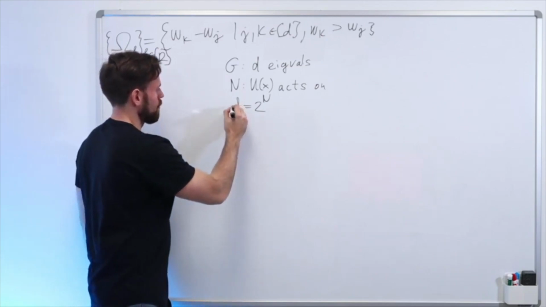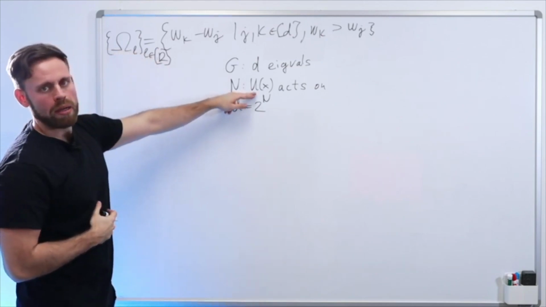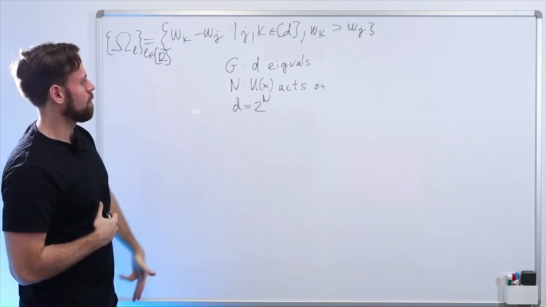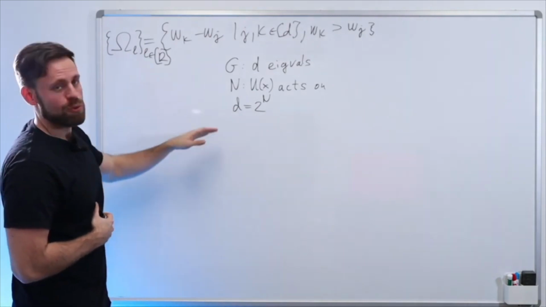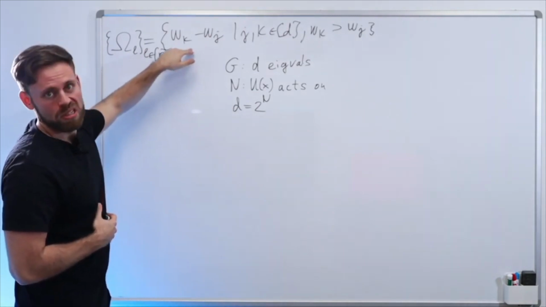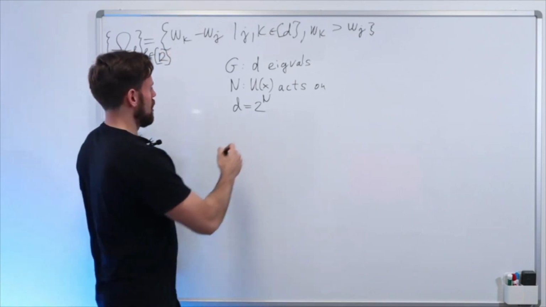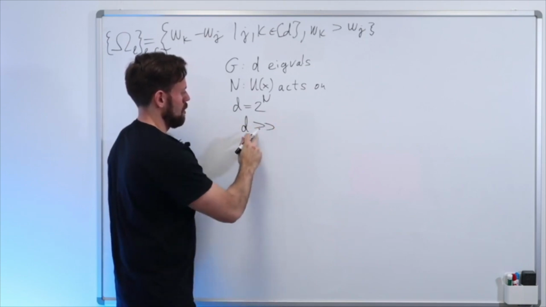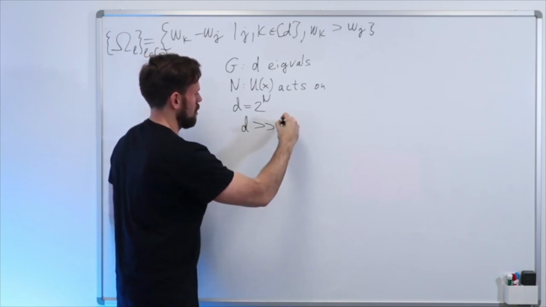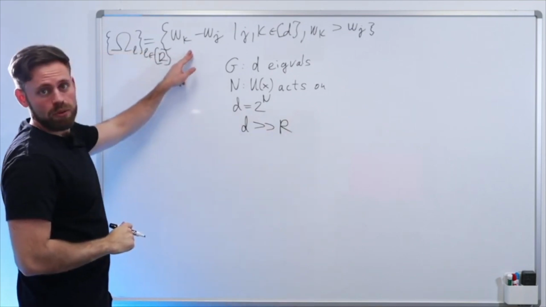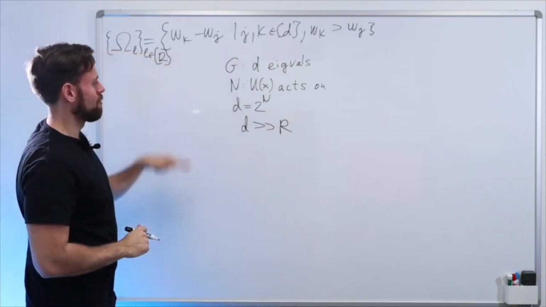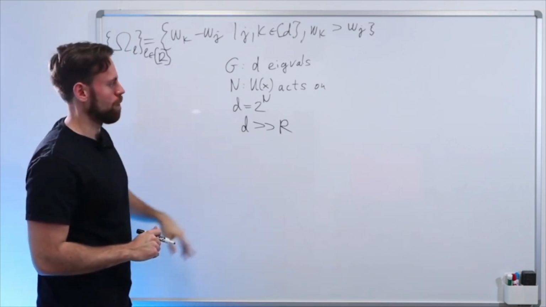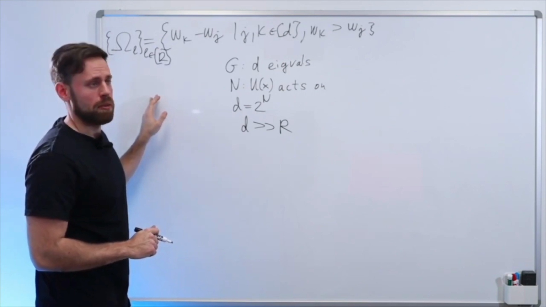However, if we are lucky and this Ux has degenerate eigenvalues, so some of the eigenvalues appear more than once, as well as if these differences appear more than once, then what we could have is that this D is going to be bigger or way bigger than the number of positive unique differences appearing in this set. In such cases, we will have a simplified form for the expectation value, as we will see in a bit.